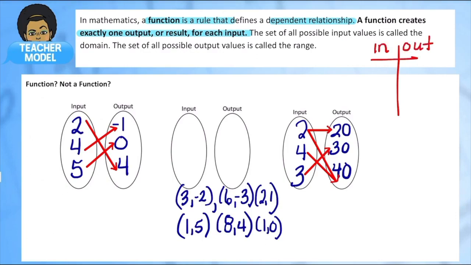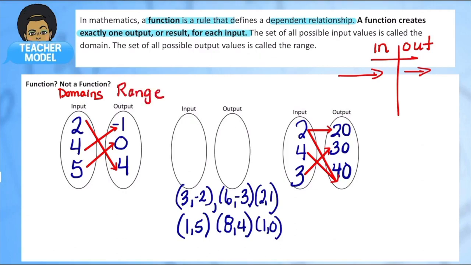What this tells us is whatever number we have going in can only give us one kind of number going out. Out of all the possible input values, we call all the inputs the domain, and all our outputs we call the range.